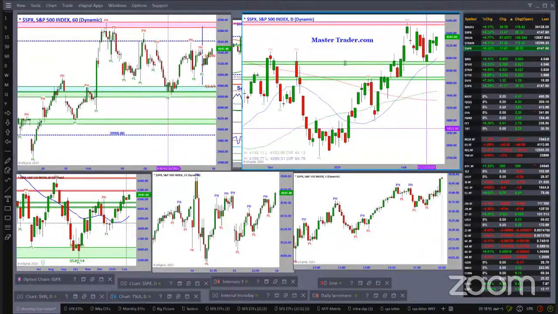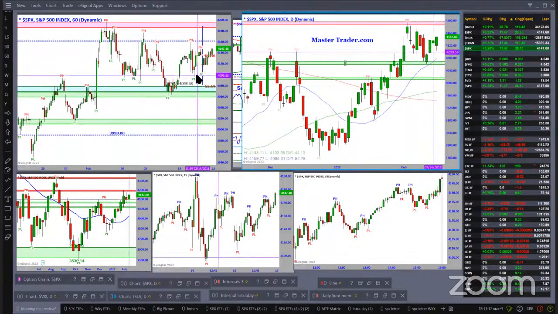But 40.35 has enough premium now, 70 by 80. So I assume markets must be going a little lower. And up above, 41.65 should be fine too, up above these highs.